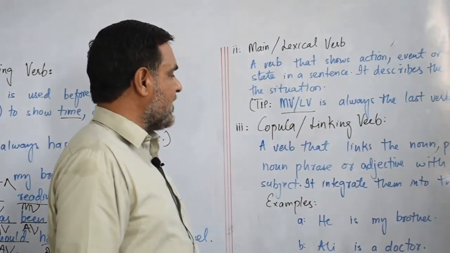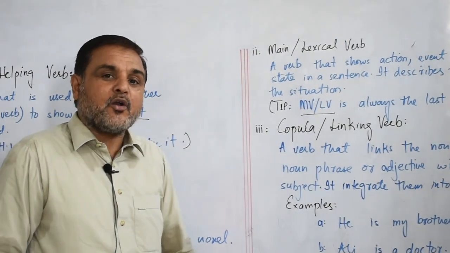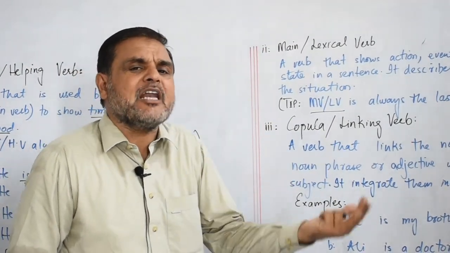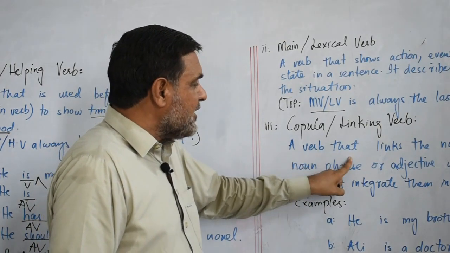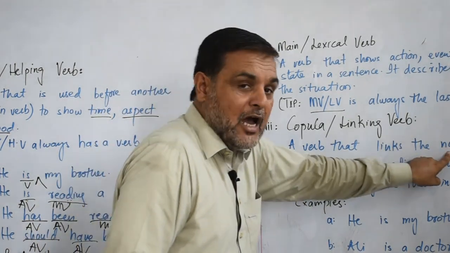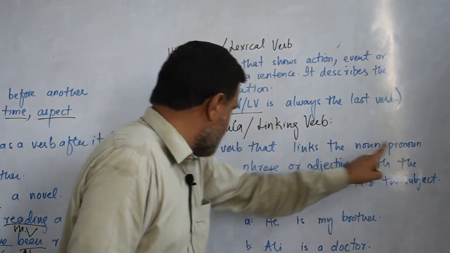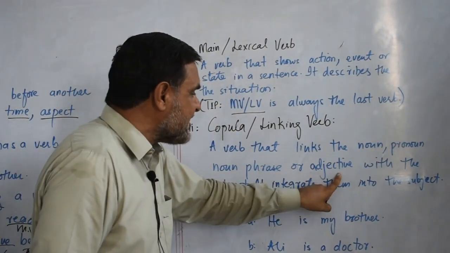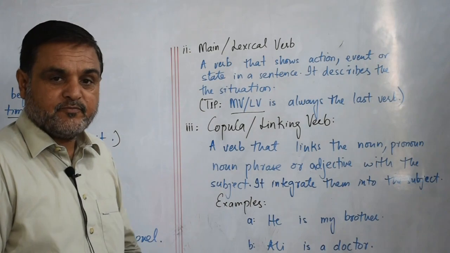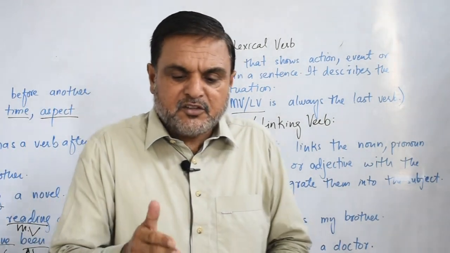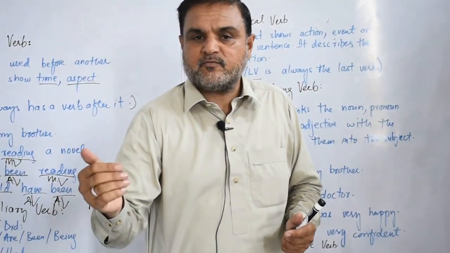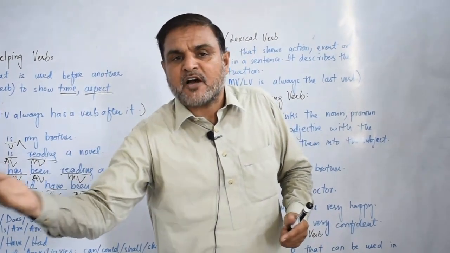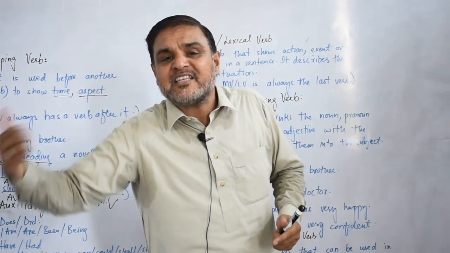Let's talk about the next one. Copula or linking verb. What is a copula or linking verb? The definition: a verb that links the noun, pronoun, noun phrase, or adjective with the subject. This is a verb that has a noun after it, or a pronoun after it, or an adjective after it.